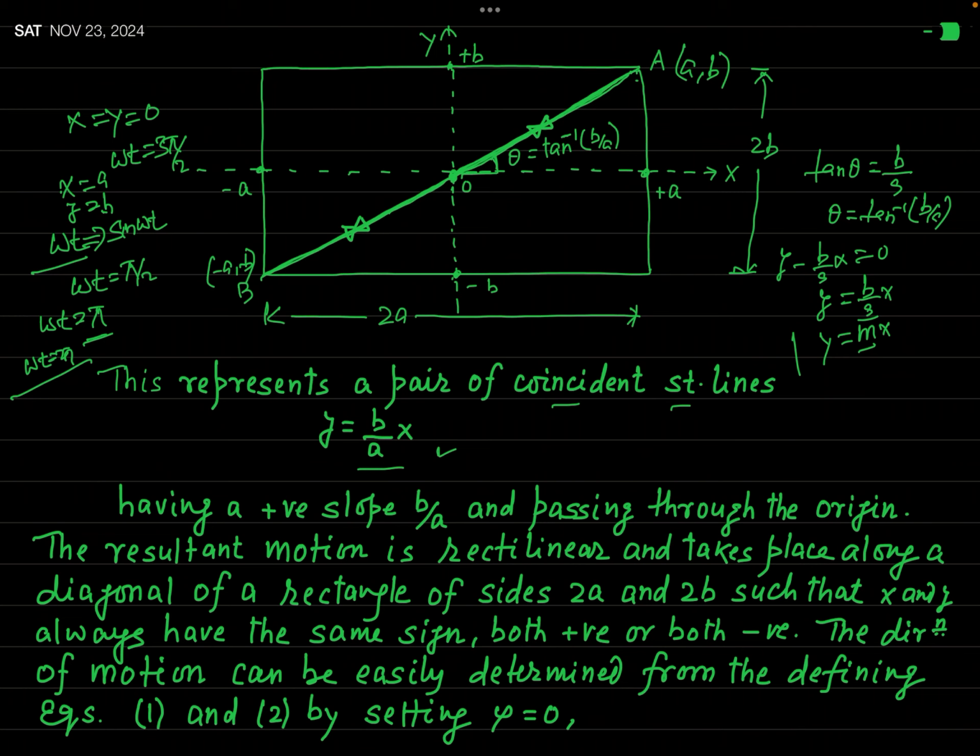Actually, if you have studied the chapter polarization in optics, then there you see that polarized light may be linearly polarized, elliptically polarized, or circularly polarized. What happens in the case of linearly polarized light? The situation is just like this.